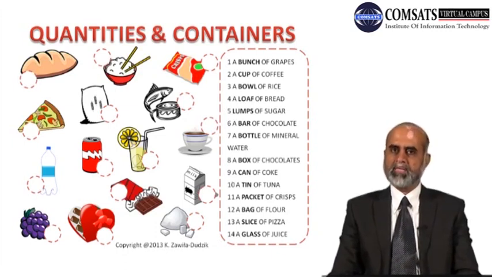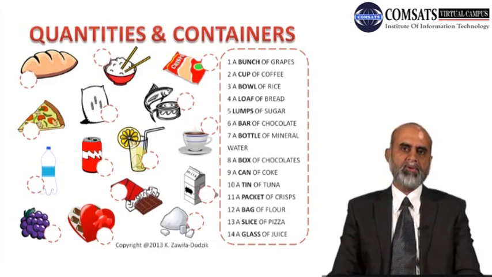It's pronounced as pizza. Not pizza, right? So you have a slice of pizza, and then you have a glass of juice. Okay? So next time when you listen to these items, you should actually make a note of what measuring units are used along with them. And this will make your English very natural.